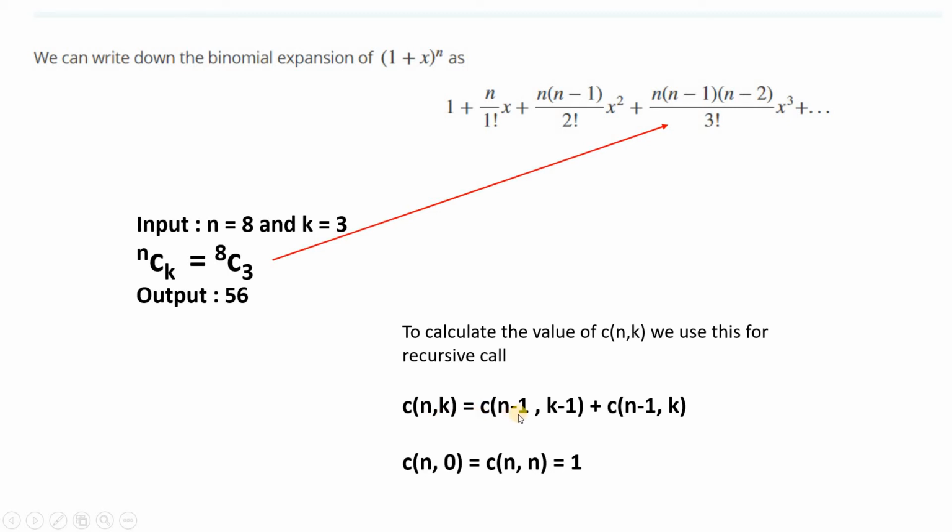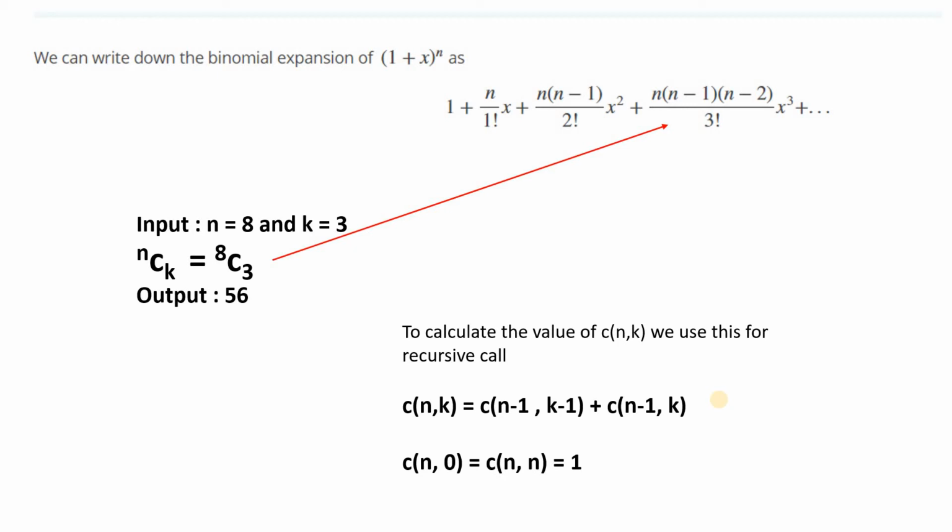So we'll call it recursively. First we'll call the same function, but we'll decrease the n value by 1 and the k value by 1. Next we'll add this value and call the same function again, with the n value decreased but the k value the same.